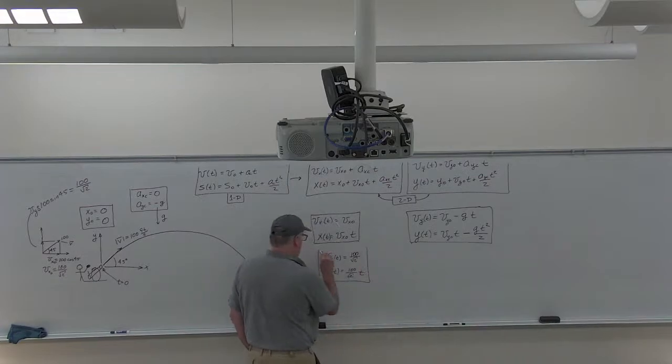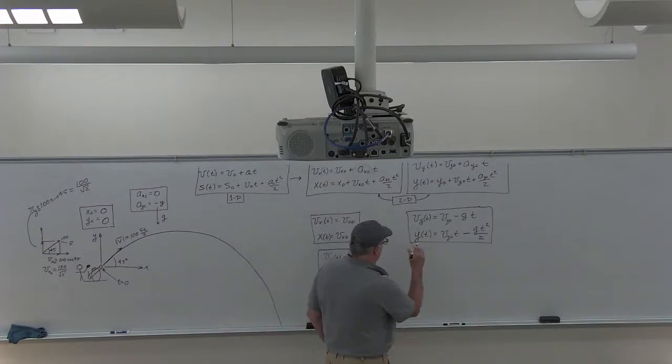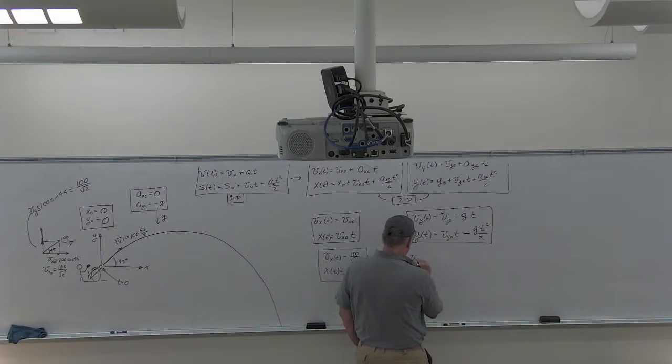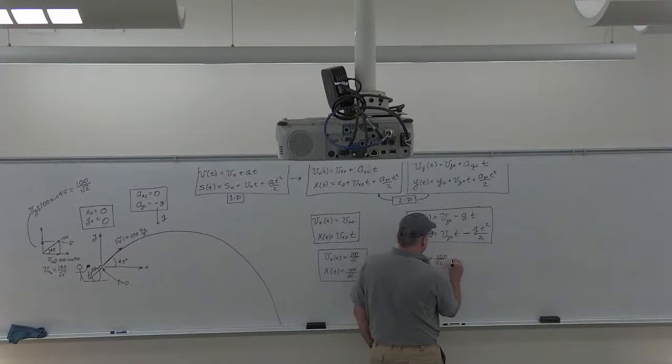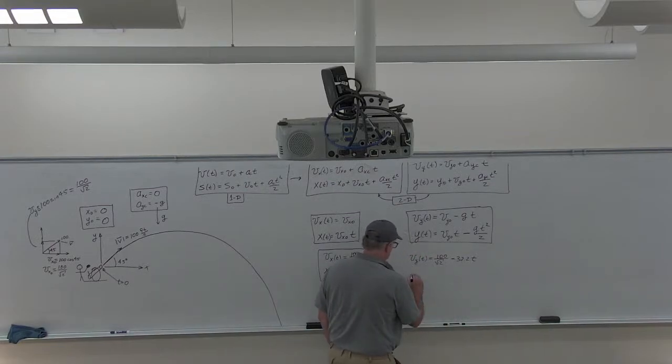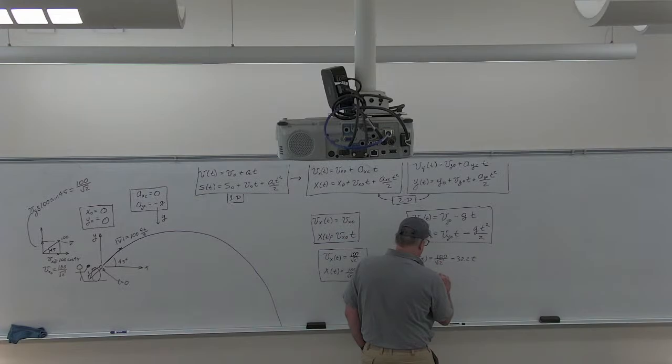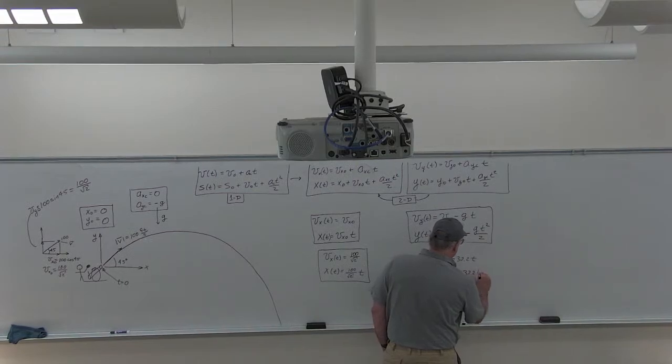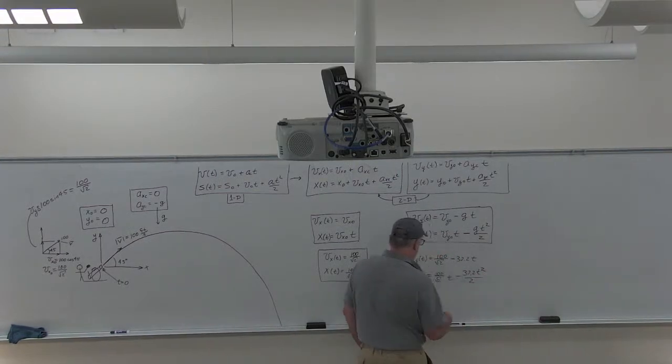Now there's something interesting about this, and I'll talk about that in a second. Vy, which is a function of time, this time is 100 over square root of 2 minus 32.2 times however many seconds. And the position is 100 over square root of 2 times t, minus 32.2 t squared over 2.